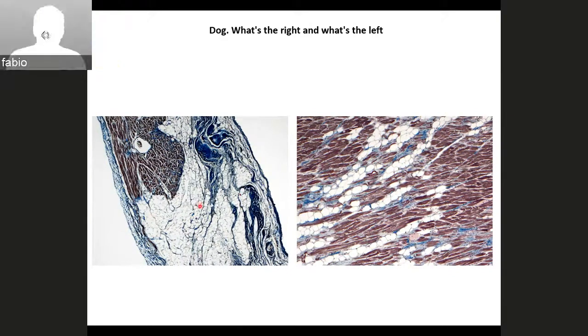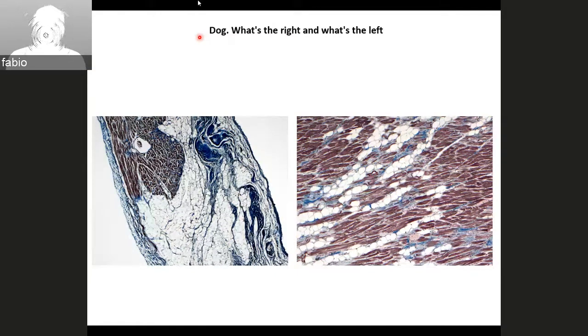Emiliano, can you hear me? I just want to ask, so the main difference is the amount of fibrofatty infiltration, is that right? It's correct. So in DCM we are looking for something less obvious than in the left picture.